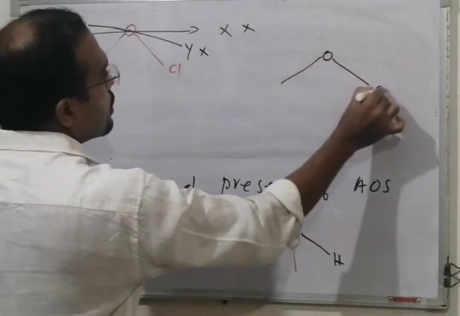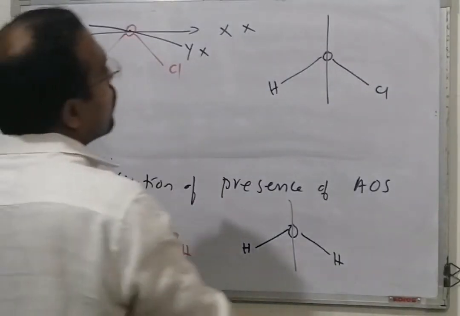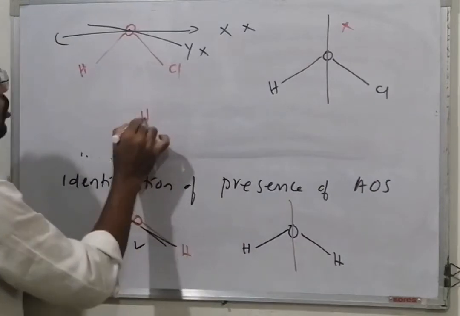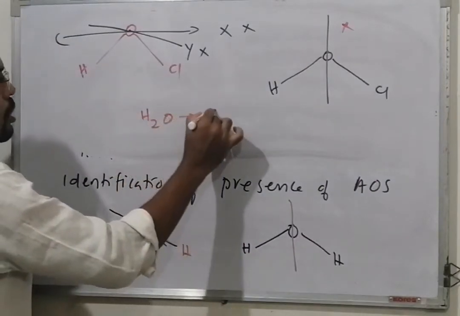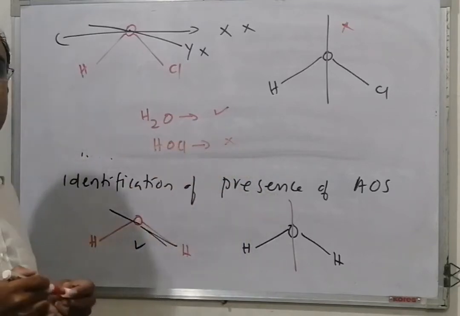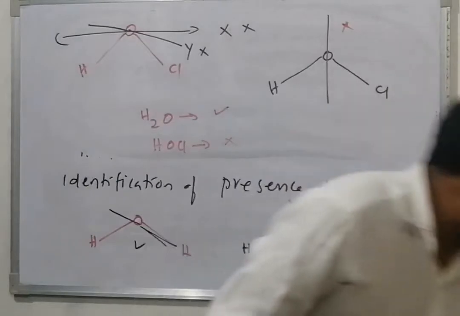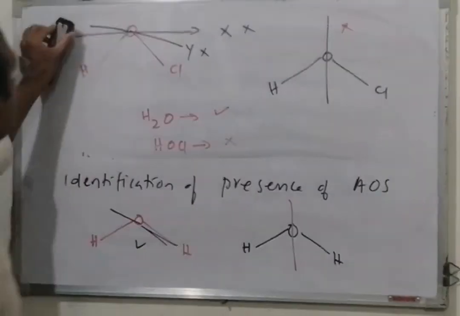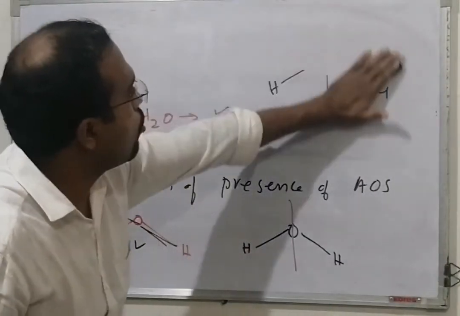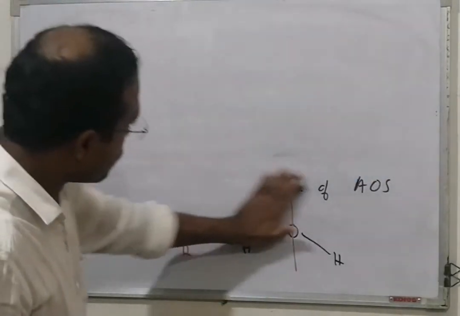Again, the molecule with Cl and H: does it have a z-axis? No. Therefore, H2O has an axis of symmetry, but HOCl has no axis of symmetry. So what is an axis of symmetry? It is an axis passing through the center of the molecule, and the molecule is symmetric with respect to that axis.